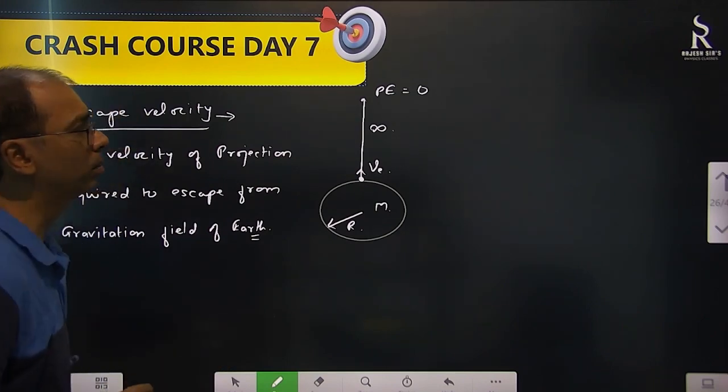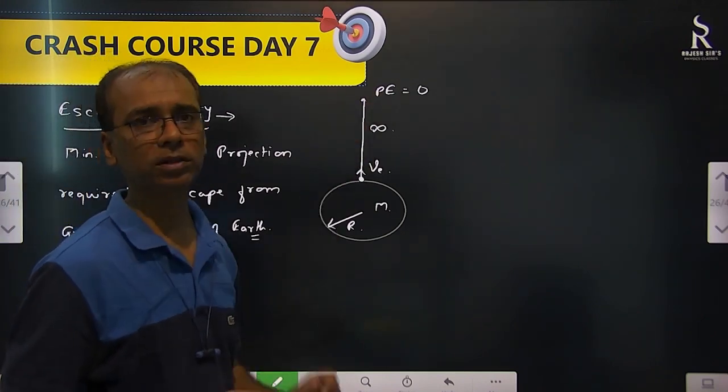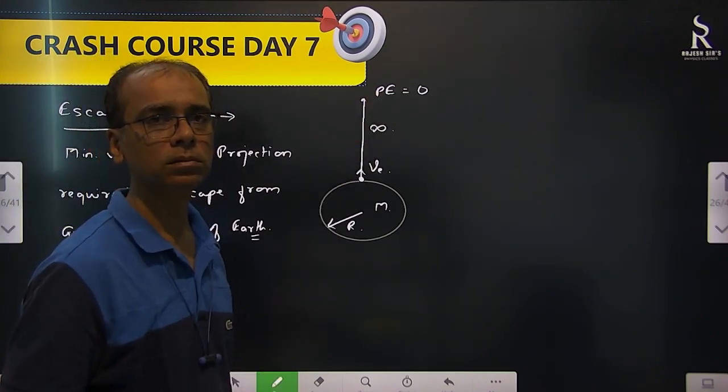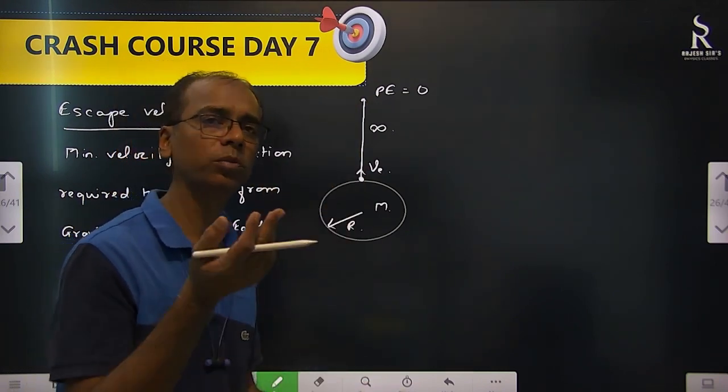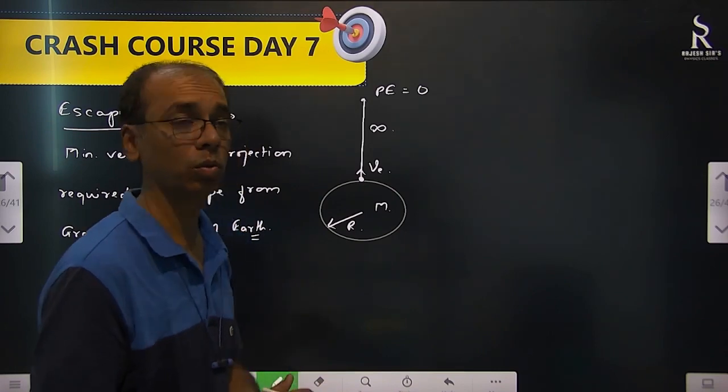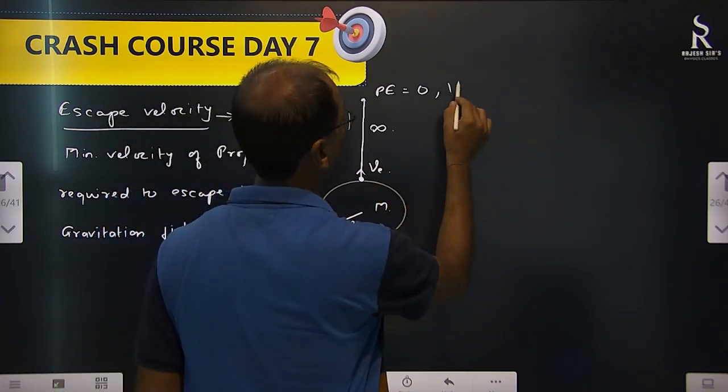So when you say minimum, then what do you expect? What will be the velocity at infinity? That means this is the topmost point, where you wanted to go. You reach the topmost point, then what will be your velocity? 0. So your velocity is also 0.